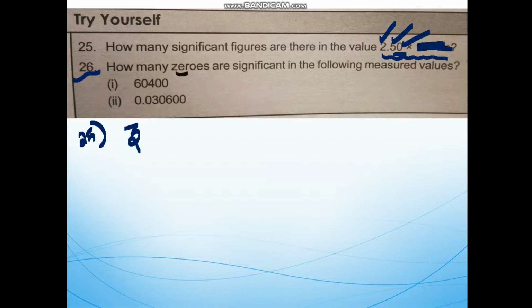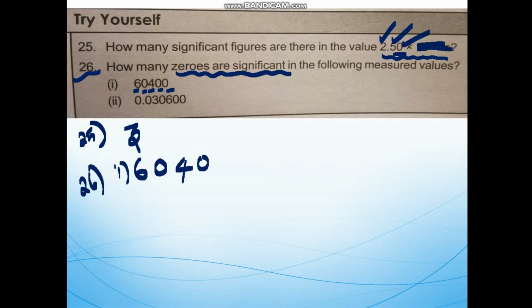How many zeros are significant in the following values? 60400. This 6 is significant. This 4 is significant. This 0 is also significant because it is appearing between two non-zero digits.